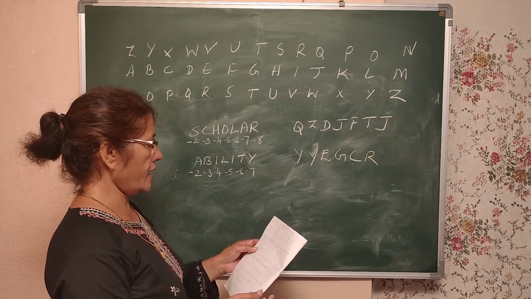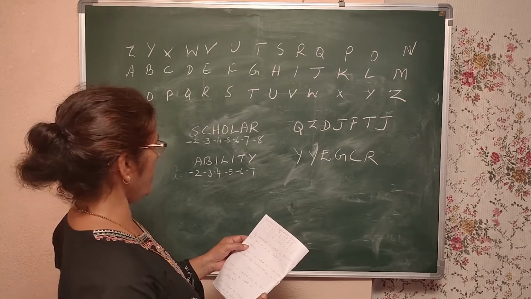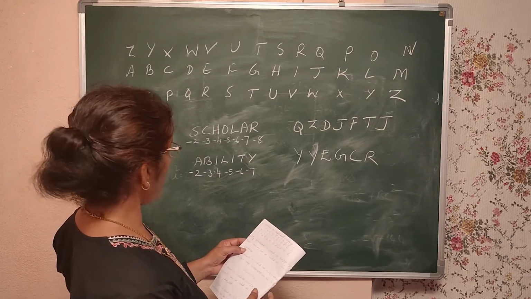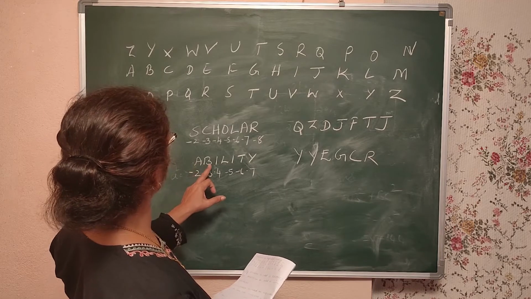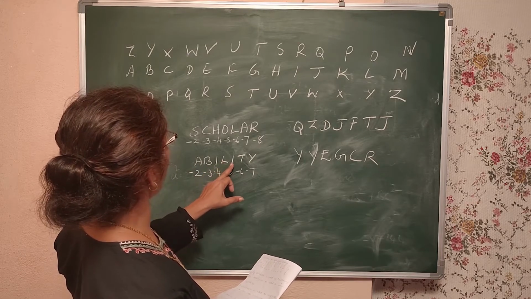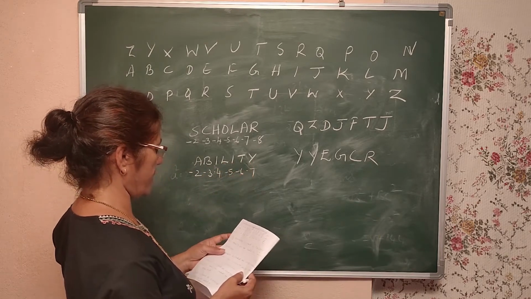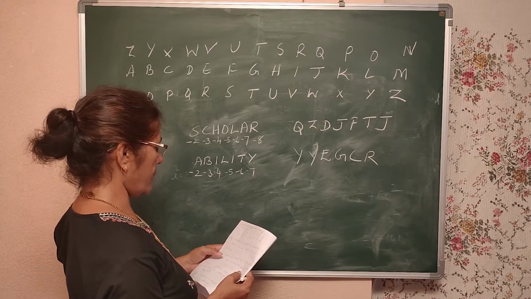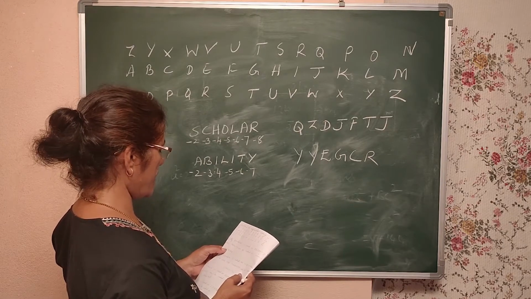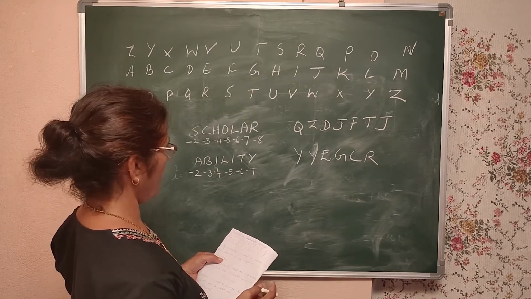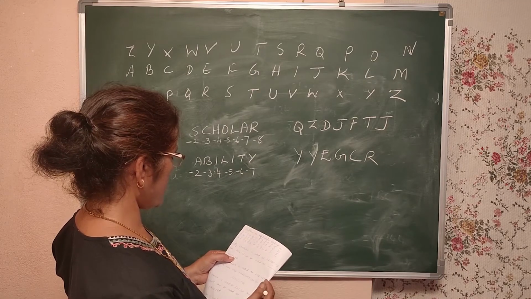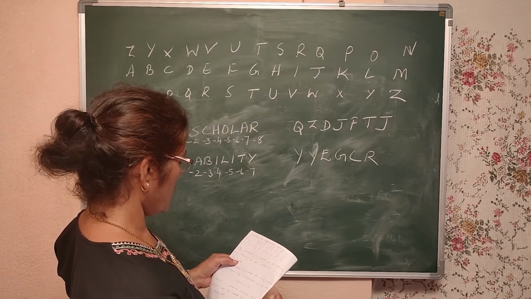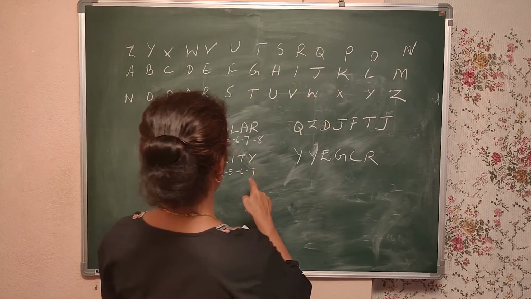Y, E, G, C... did I miss any? Ability can be coded as Y, E, G, C, R. Isn't it?